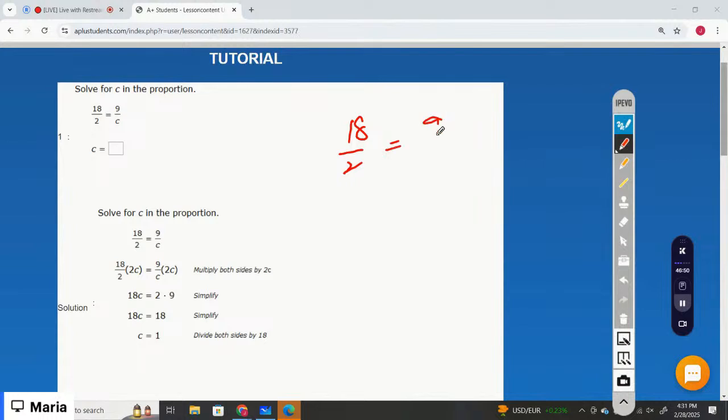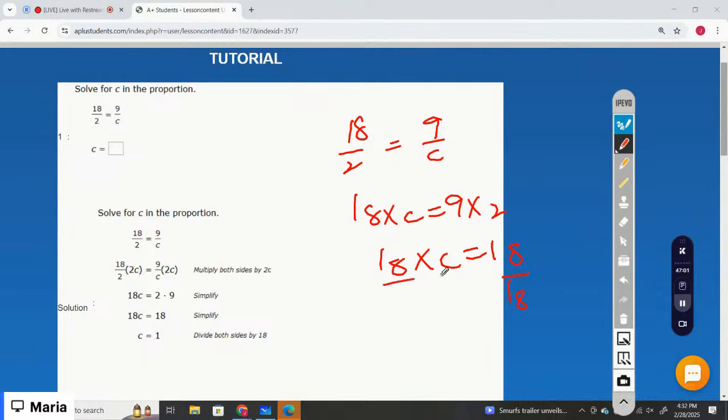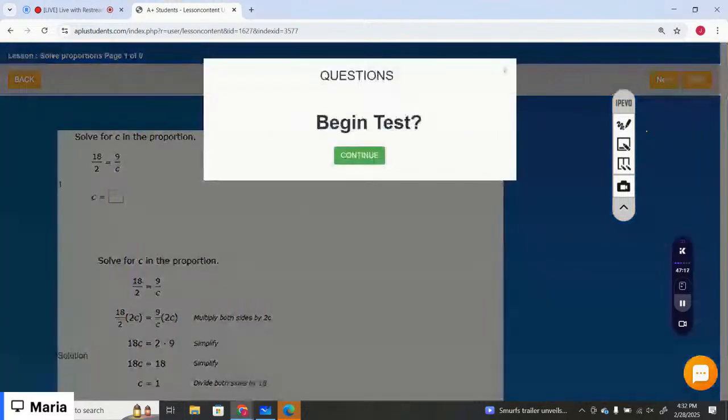That is 18 over 2 equals 9 over C. So you have to do 18 times C equals 9 times 2. So 18 times C equals 18, divide both sides by 18. So then C equals 1. The correct option is C equals 1. Let's just start with the test questions.